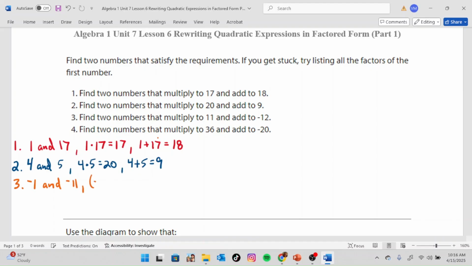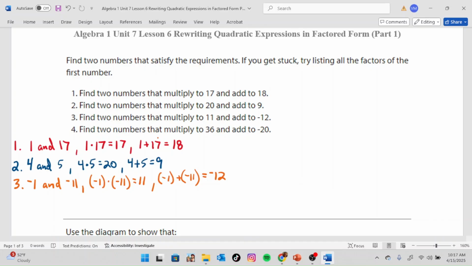Now, if I were to say negative 1 times negative 11, the negative times the negative is positive, and 1 times 11 is 11, which is what we were looking for. And now, if I were to say negative 1 plus negative 11, then I'm starting at negative 1, and I'm getting even more negative by 11. And so this would give me the negative 12 that I'm looking for.